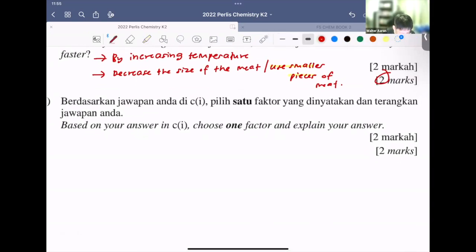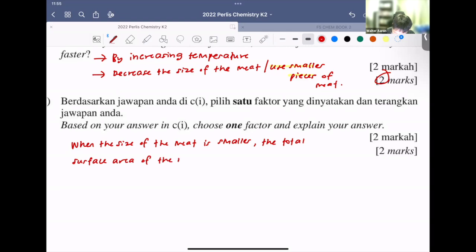So here we can say that when the size of the meat is smaller, the total surface area of the meat increases.